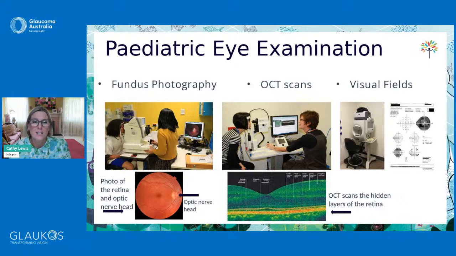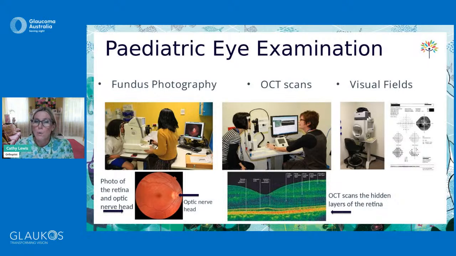And the OCT scans the layers of the retina and the optic nerve head, which are invisible to us when we're looking directly inside the eye or looking at those fundus photos. So it's scanning these hidden layers underneath that we can't see otherwise.